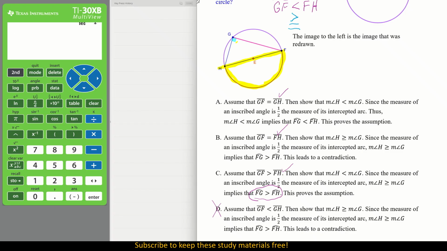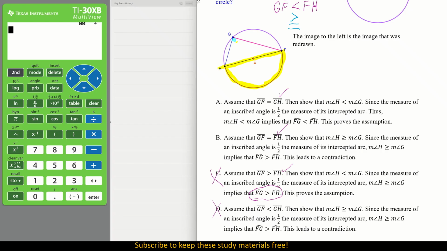So any other arc, when you divide it up, is going to be less. So that is a contradiction, and it doesn't really prove our assumption. And even if we prove our assumption, we're not proving what we need to prove. So that's just a bad proof all the way around. So I'm not going to believe C.